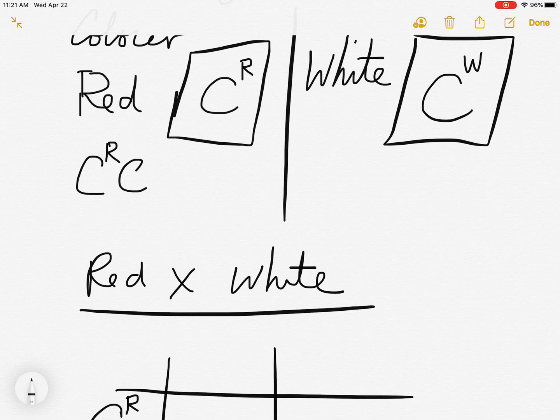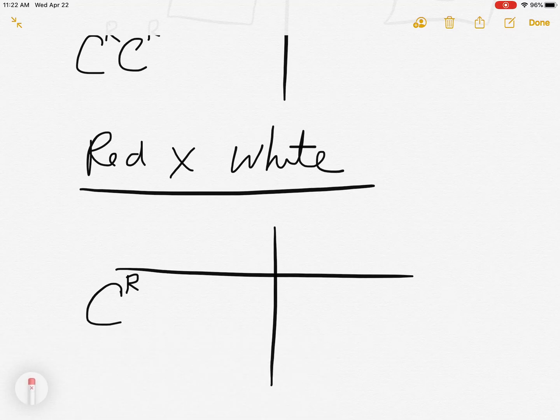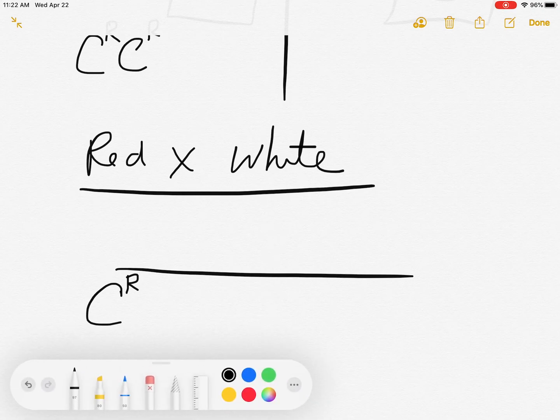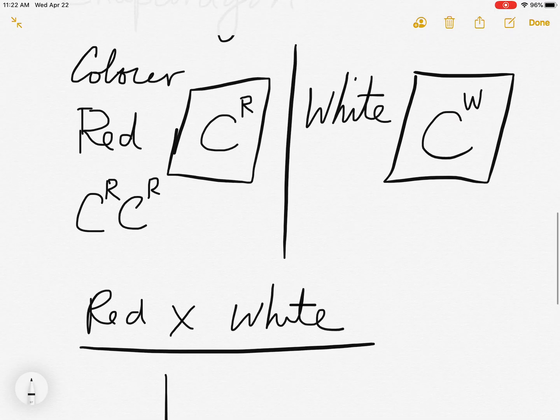Its genotype from the mother or father would be CR CR, so homozygous red. But the only allele it could make is this one. So really, I don't even need the bottom of this Punnett square, do I? Because there's only one allele that can be made. Let me just redraw that Punnett square because there's no point. The white one is CW CW, homozygous white.